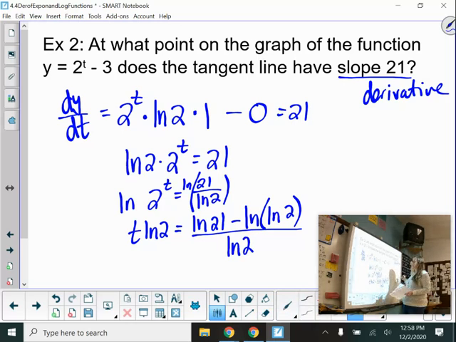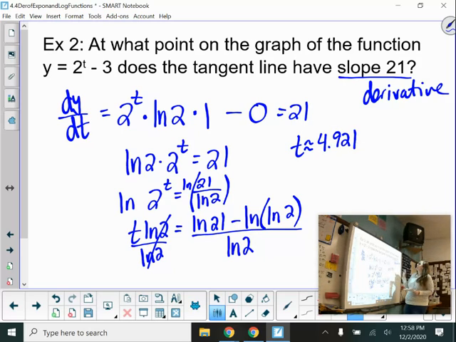So no matter what, you're going to have to use a calculator at some point. Even if you go through and do the algebra for this, natural log of 21 minus the natural log of the natural log of 2, the whole thing divided by natural log 2, you can't find that out without a calculator.